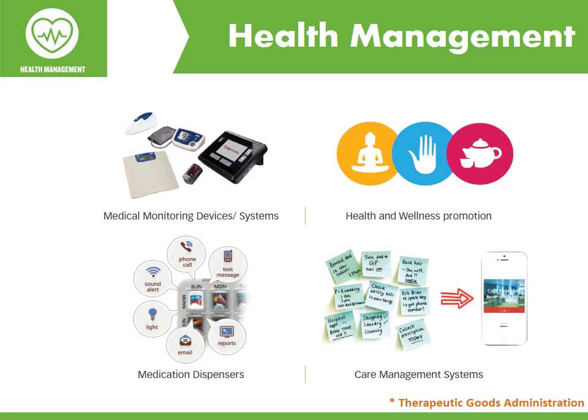TGA approval is required for medical health monitoring devices. These are defined as devices used for the purpose of diagnosing, preventing, monitoring, treating, or alleviating an injury, disability, or a disease. These provide a solution for self-management or augment medical care. These include things like vital signs or chronic condition management tools.